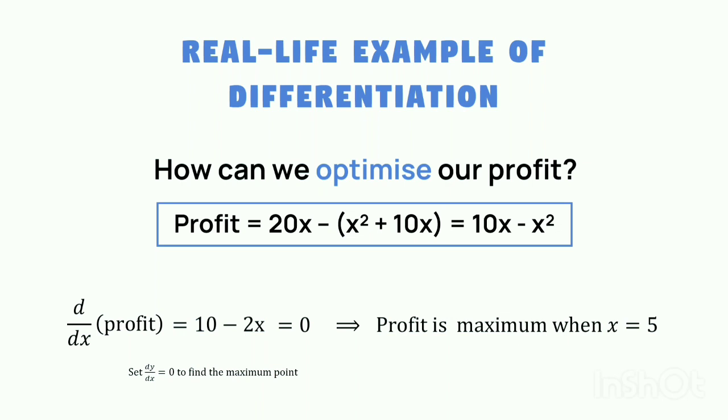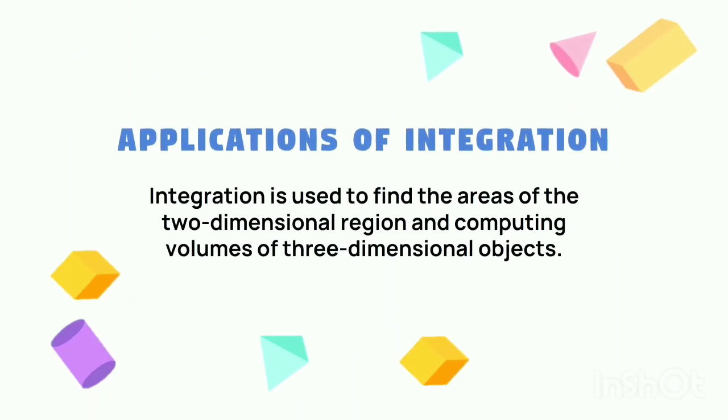Next, let's discuss how integration can be applied in real life. Integration is basically used to find the areas of two-dimensional regions and compute the volume of three-dimensional objects. How can this be applied in real life?